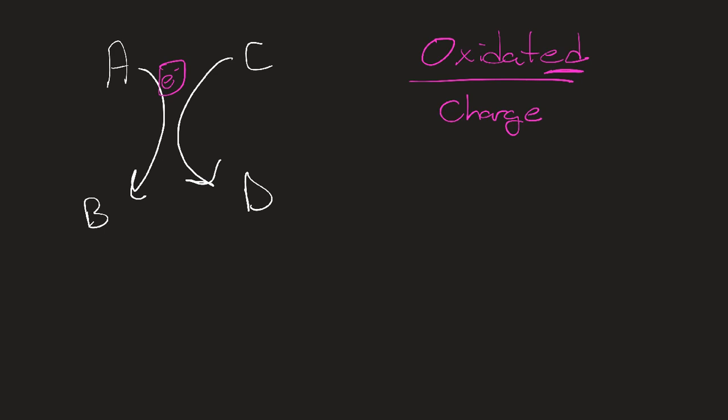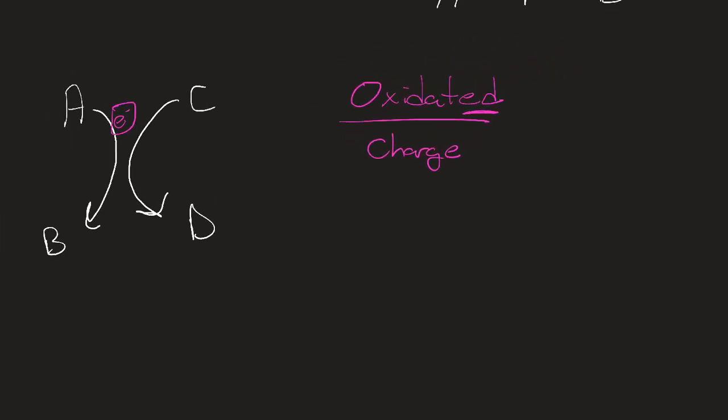The charge on that species, and I'm going to call it a species in a chemical term, not a biological term, so it's a molecule or an atom or something, the charge goes up. It becomes more positive. Right. Electrons are removed.